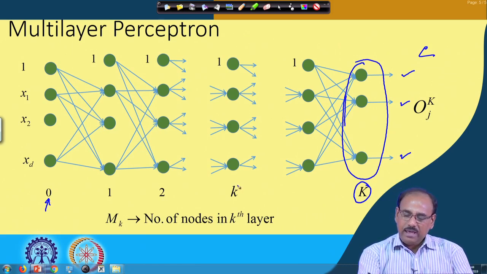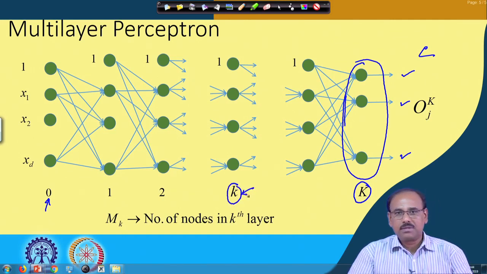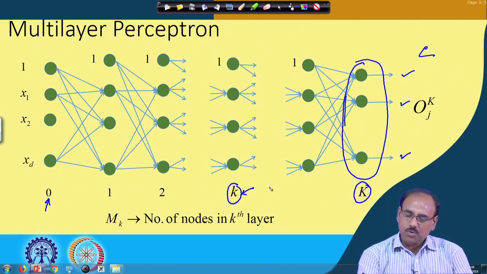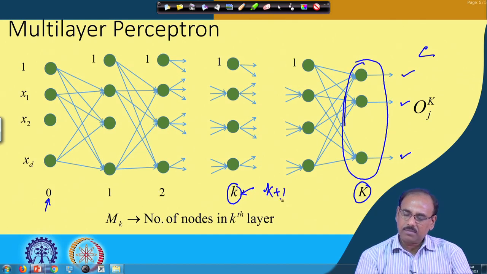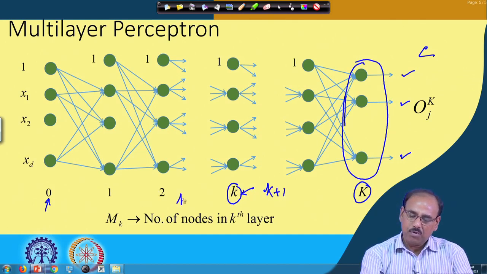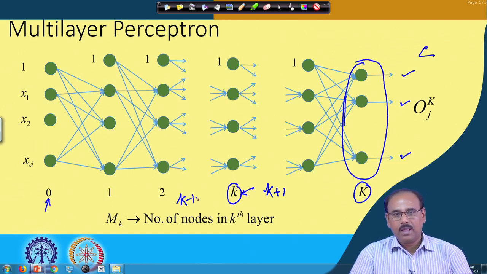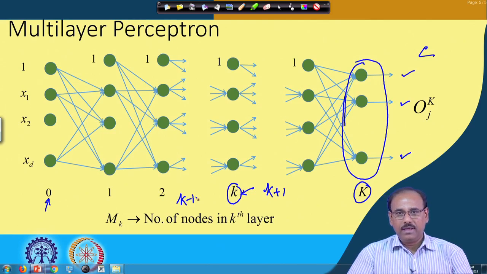If I consider any layer, say the kth layer, with k in lowercase, every kth layer passes its output to the k plus first layer and receives inputs from the k minus first layer. So, every node in the k minus first layer passes output to every node in the kth layer, and every node in the kth layer passes the output to every node in the k plus first layer.